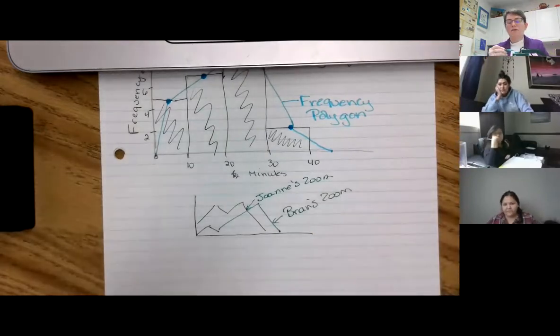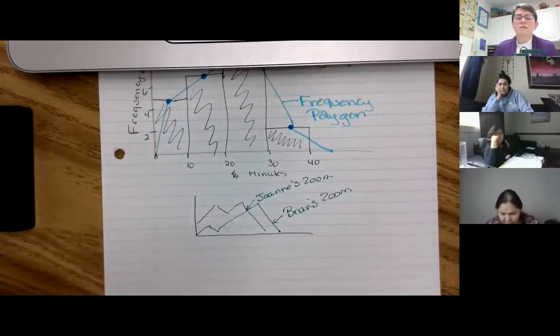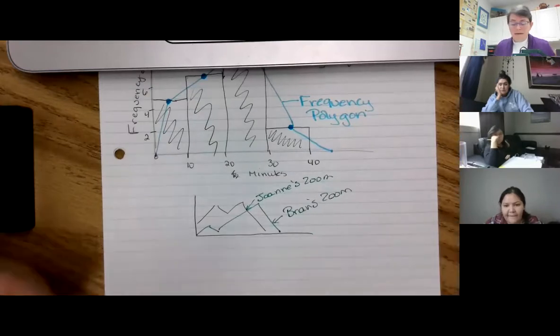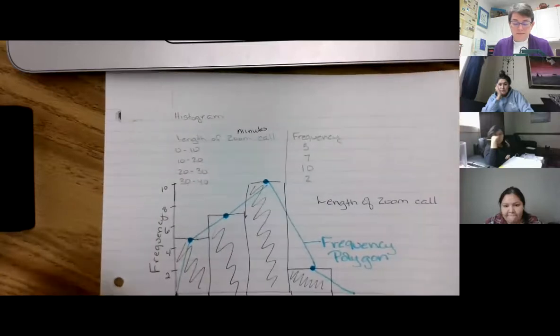And if we tried to draw those as funky little bars, they'd be covering each other up. It doesn't work well. So a frequency polygon is really good when you're doing more than one set of data at a time. All right, that's all I want to say about that stuff. So bye-bye.